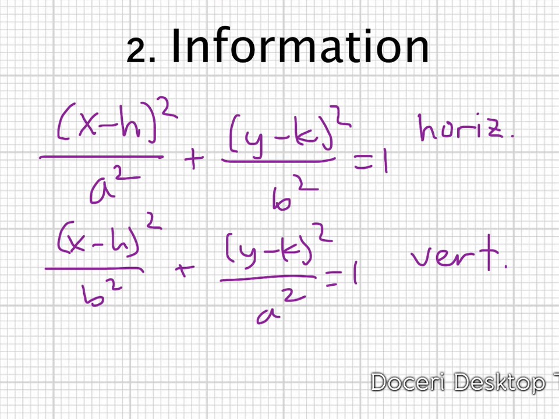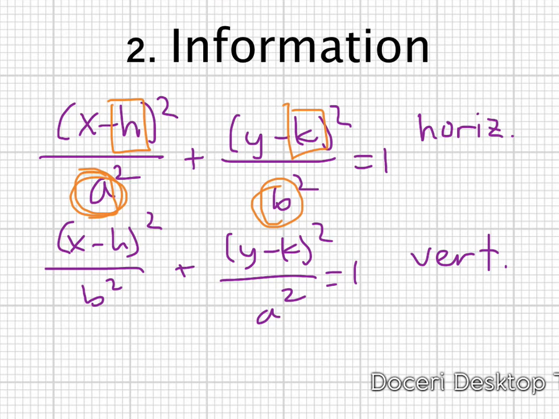So half of 2a is a, which means this a here is half your major axis. So if you were wanting to graph horizontal, your center would be h and k. Your major axis would be 2 times your a value, and your minor axis would be 2 times your b value. I'll do an example that kind of shows you what this is talking about.